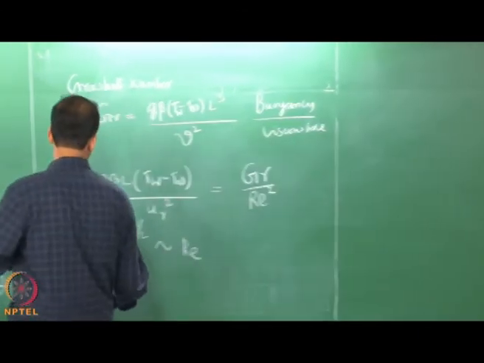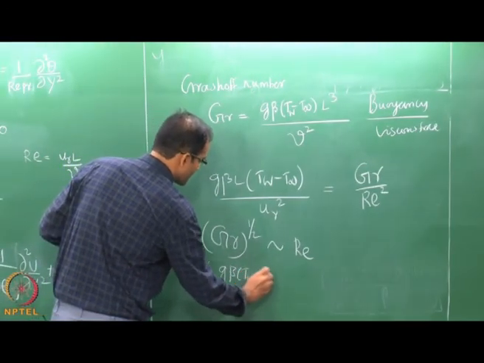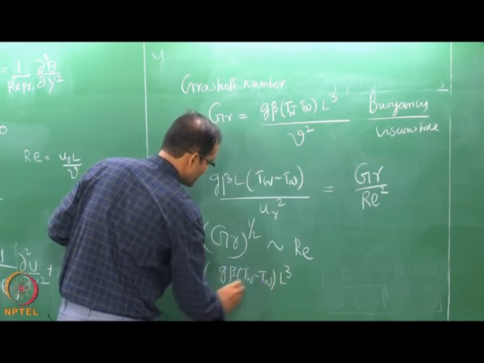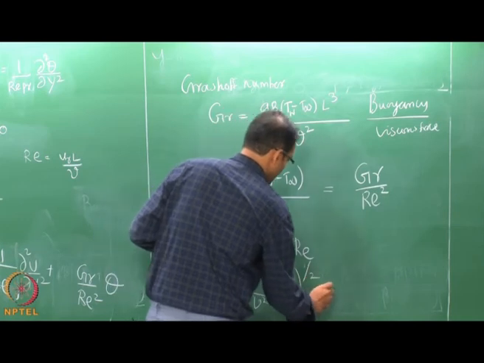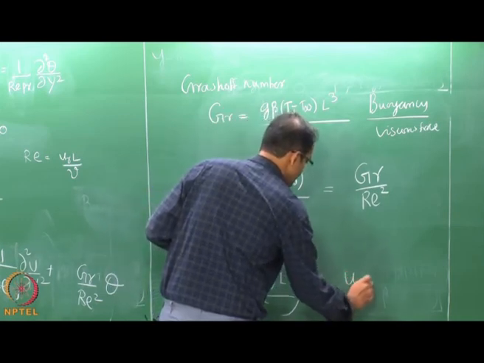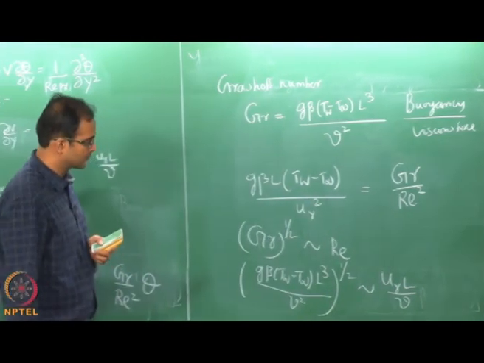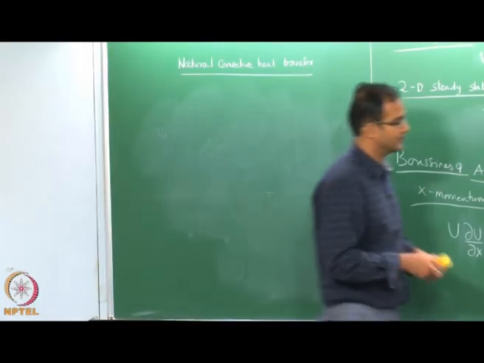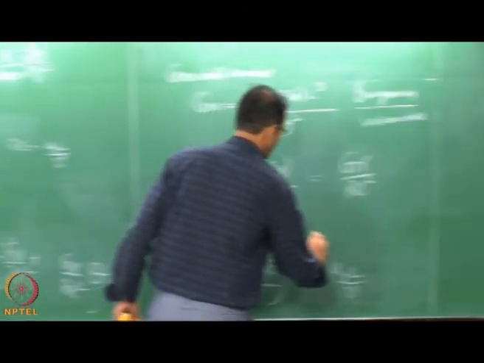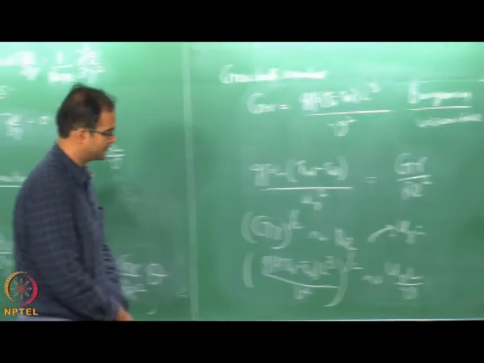So, this is nothing but g beta T wall minus T infinity L cube divided by nu square, to the power half, which is equal to U_R L by nu. So, from this what do you get for U_R?